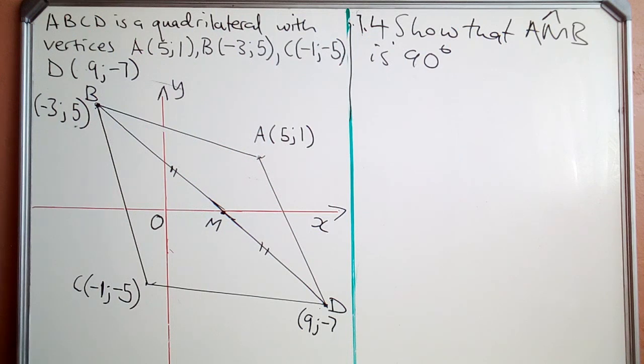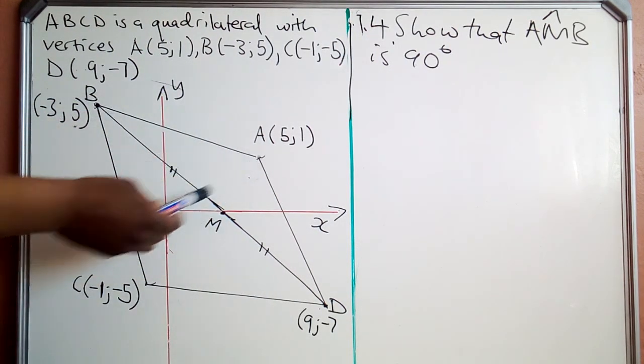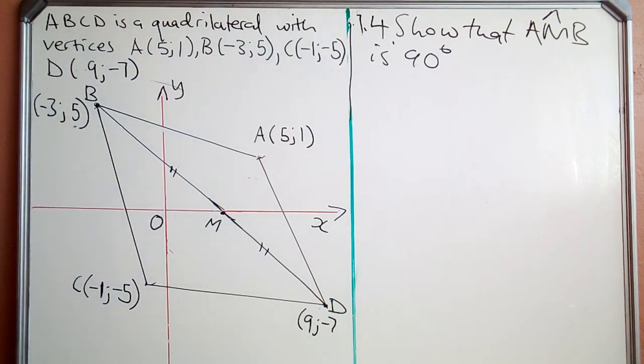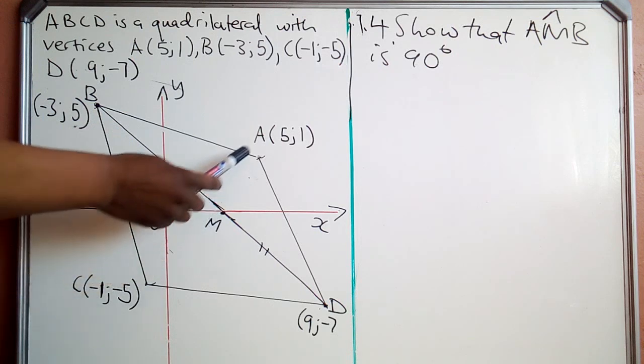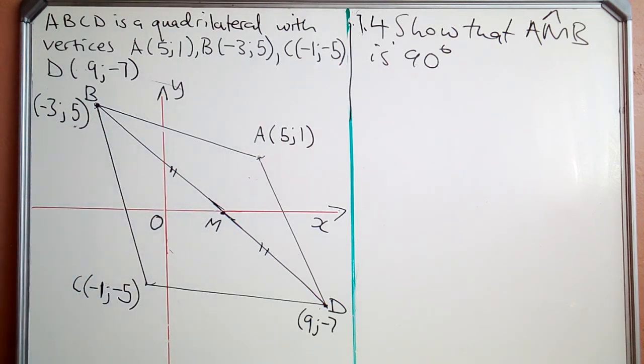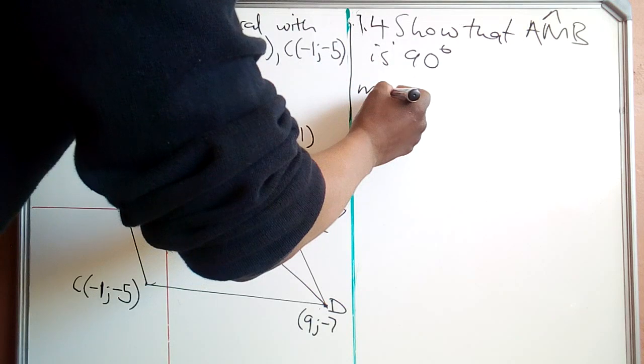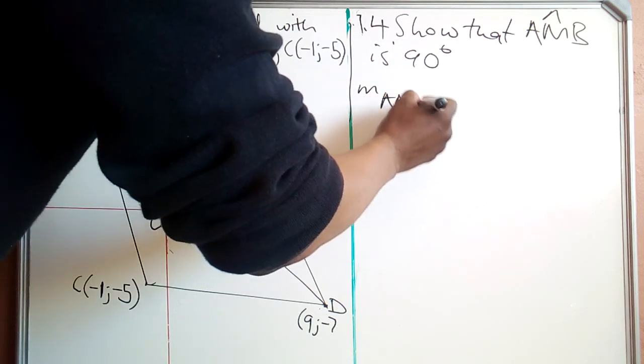Now, what we want to find is this: AMB is 90 degrees. The easiest way to do that is to find the gradient of MB and the gradient of AM. Let us first find the gradient of AM.